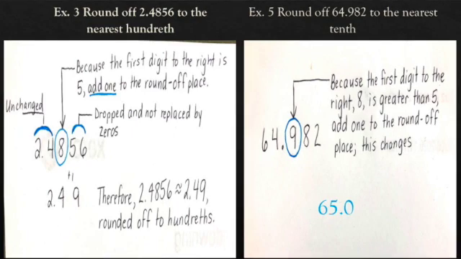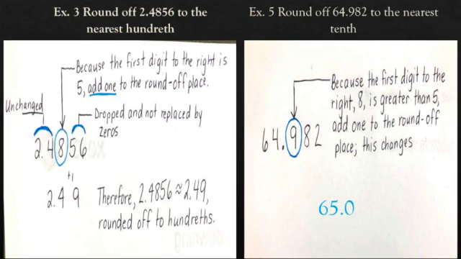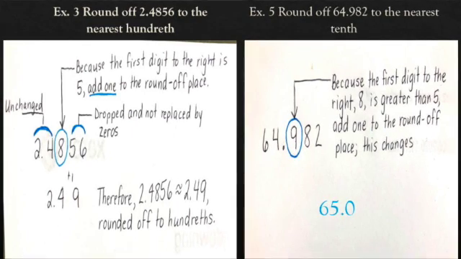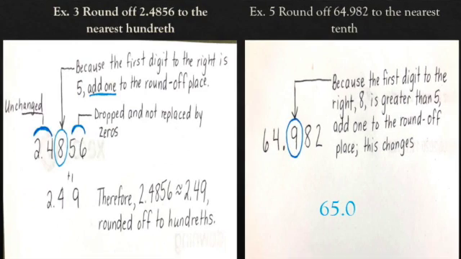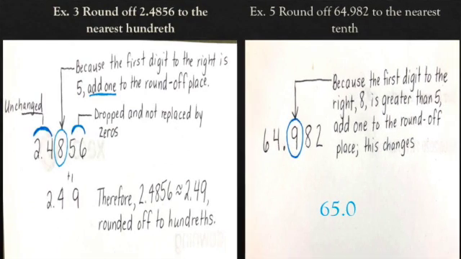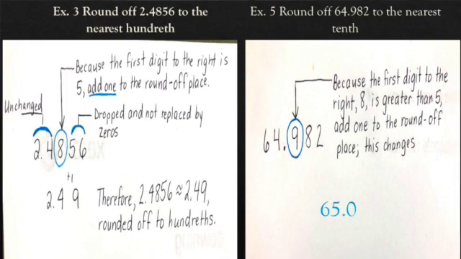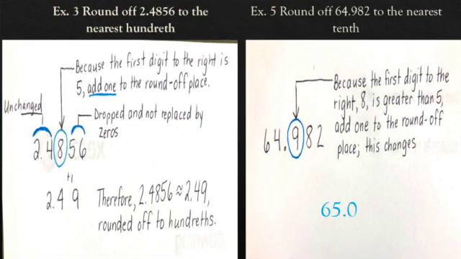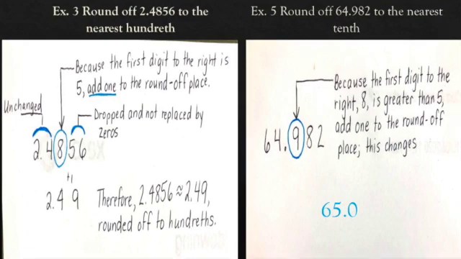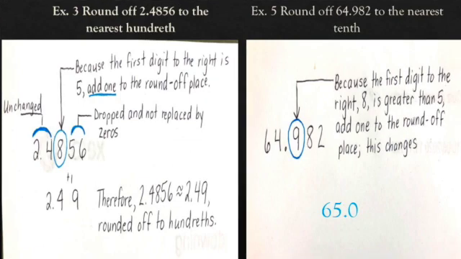So then I need to round off this place, and it turns into a 0. It becomes a 10, which impacts the numbers to the left. Okay, so that 10, it carries over to the ones place, and this number becomes 65. Okay, you do not need to add the 0.0. It can be just 65.